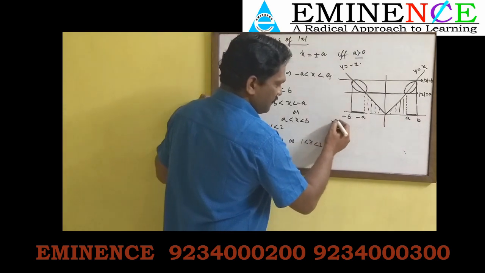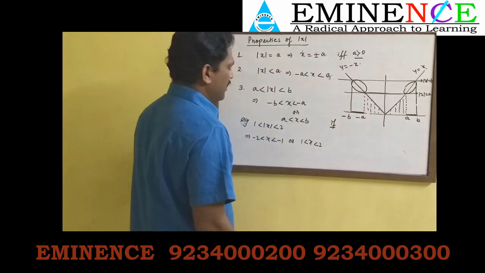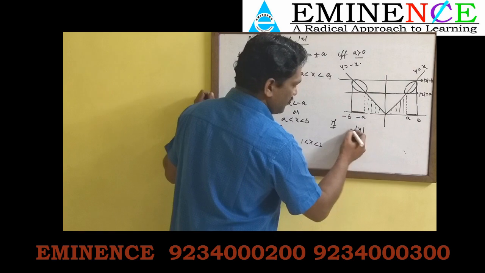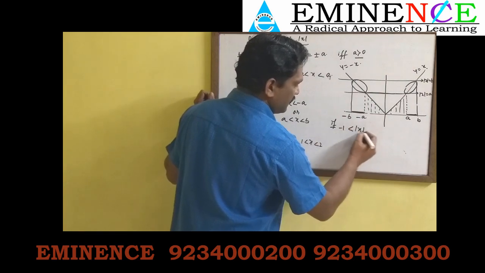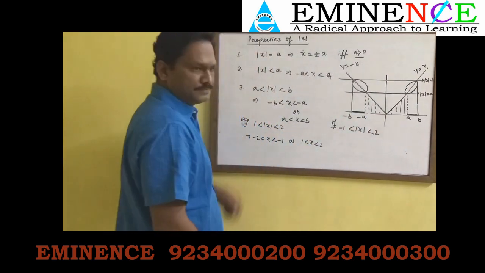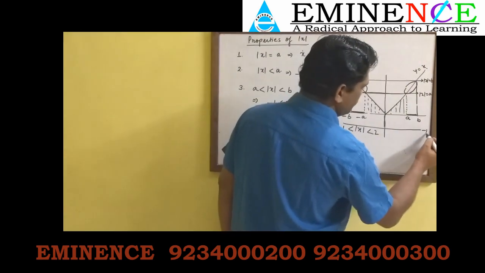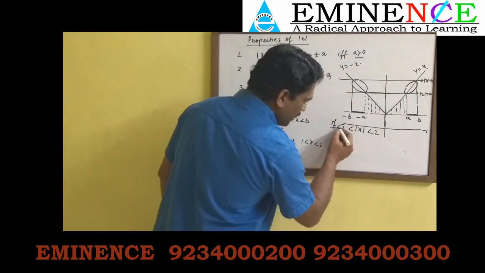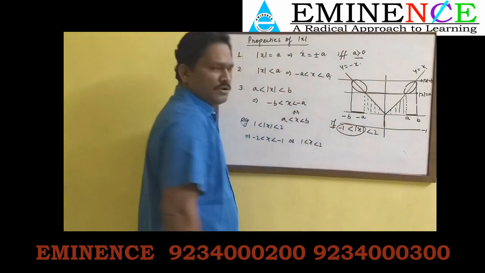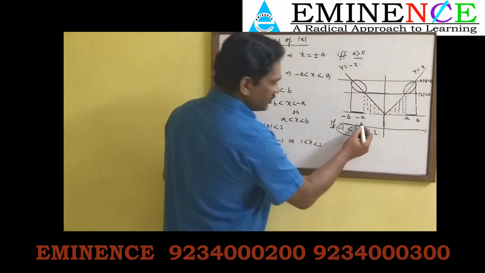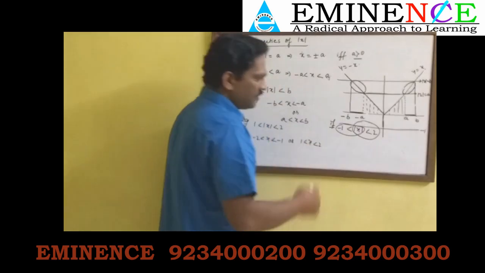But if I have something like this, that mod x is greater than say minus 1 but less than 2. Now what? See, minus 1 lies here. See, the left side of this inequality is always true. So what I should be worried about is only the right side.